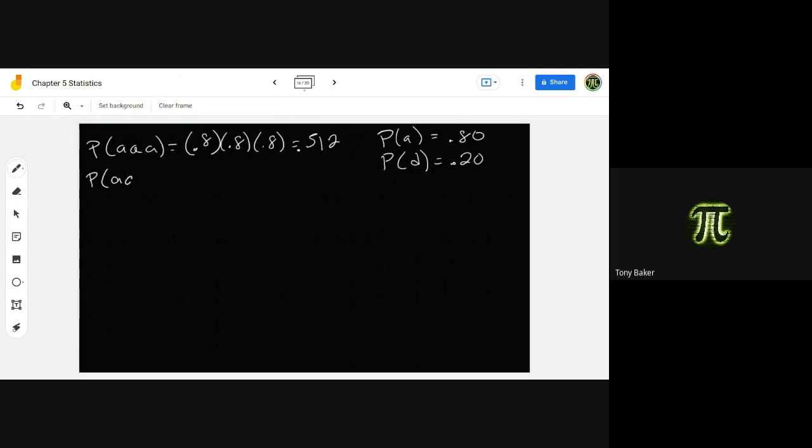Then we have alive, alive, dead. So it's 0.8 times 0.8 times 0.2, and that's 0.128.